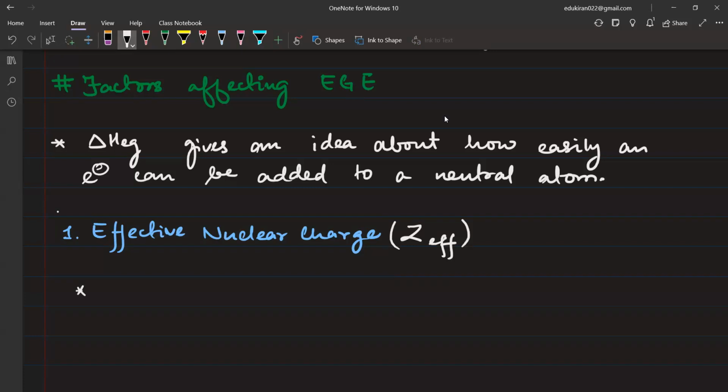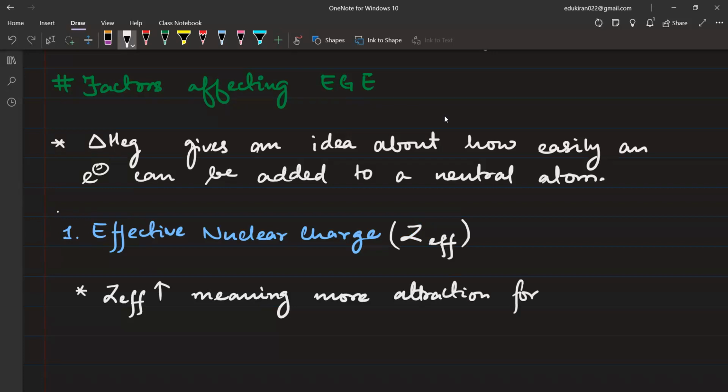Now, please write: Z effective is higher, meaning more attraction for the incoming electron. Therefore, so wait a second, more energy will be released, so that when you read the notes, it will be easy for you guys.